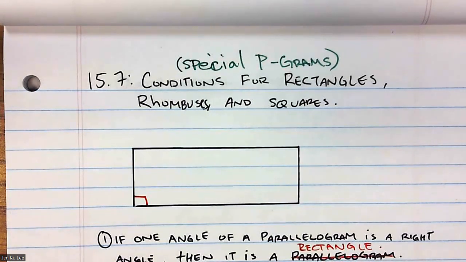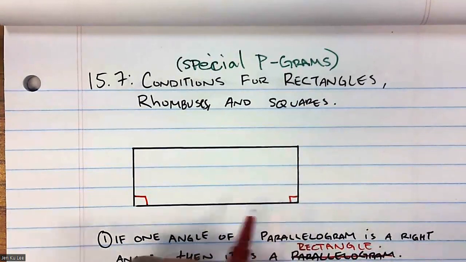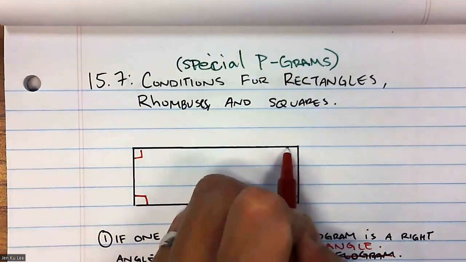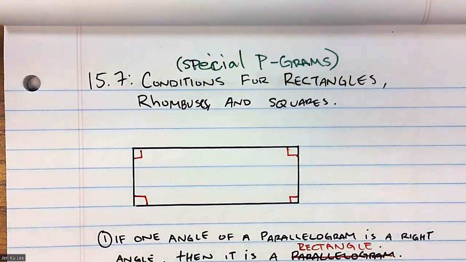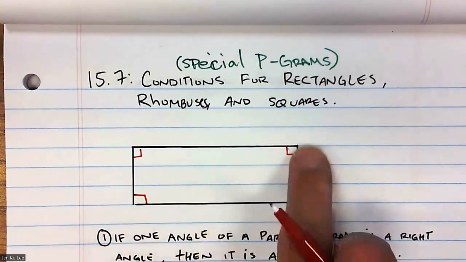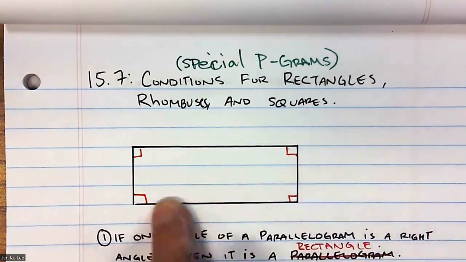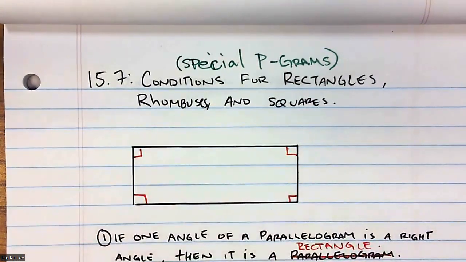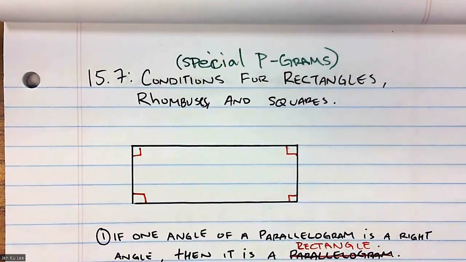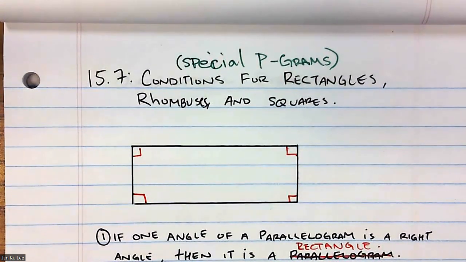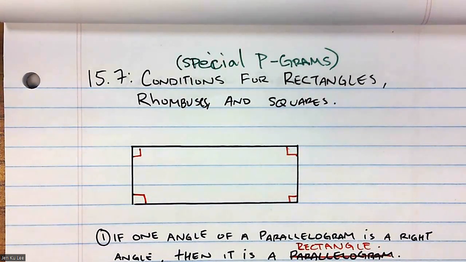Meaning this is a parallelogram, because if all angles are right angles, aren't opposite angles congruent to each other? Yeah, they are. So they hold that characteristic. That's why it's a parallelogram. But they go more in depth and say, hey, look, it's a right angle.